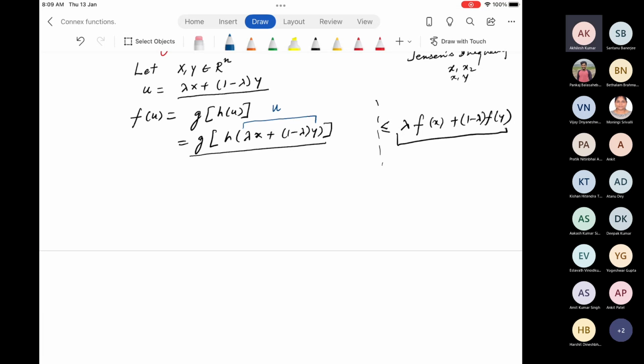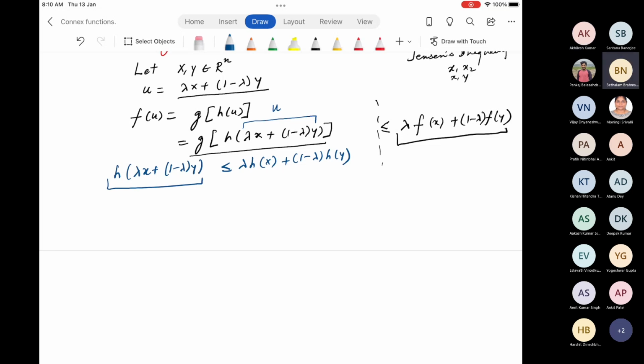Can I say that h of lambda x plus 1 minus lambda y is less than or equal to lambda h(x) plus 1 minus lambda h(y)? Yes, because h(x) is a convex function, it was given.